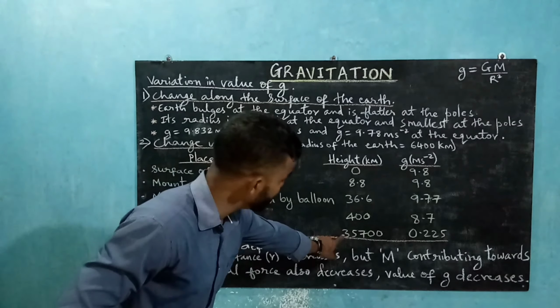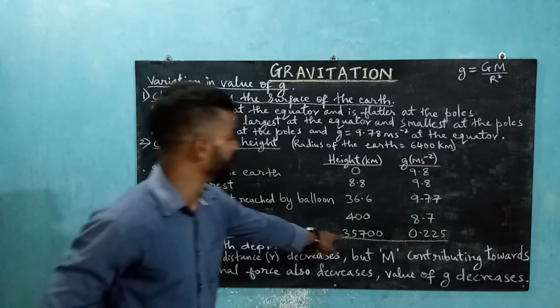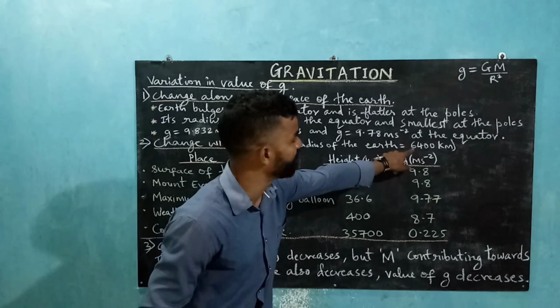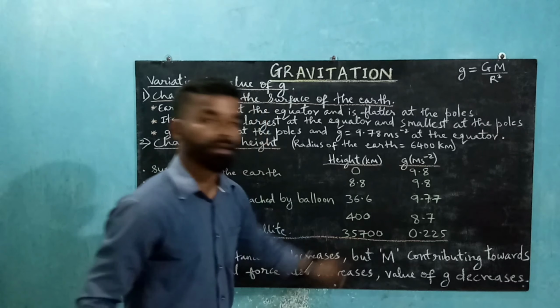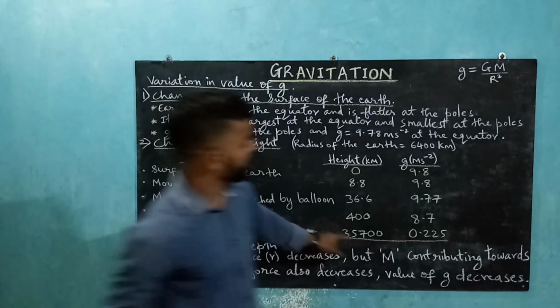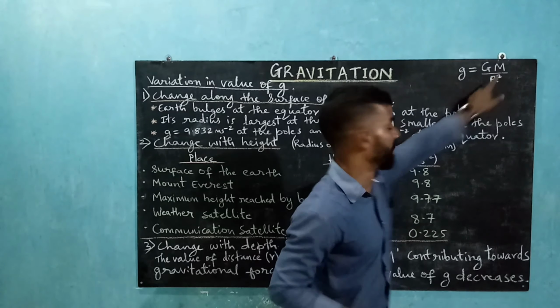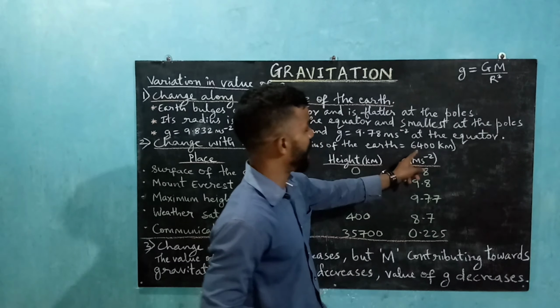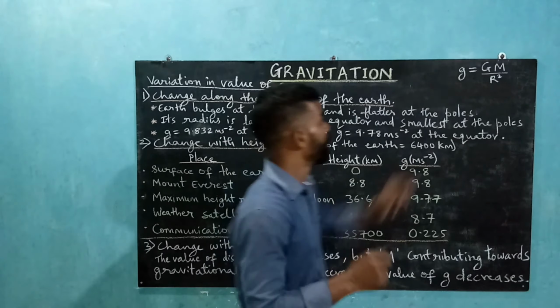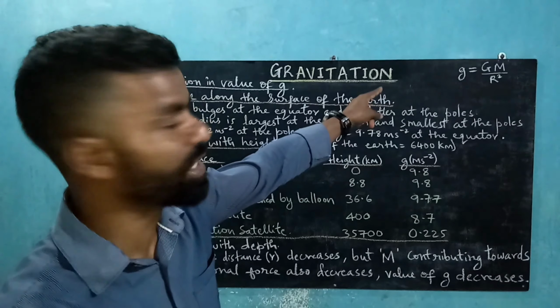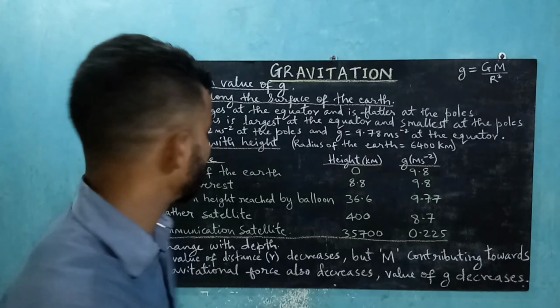So this is the height for a communication satellite from the surface of the earth. This has to be added with 6,400 kilometer, and then that will be the denominator, r square. So it is like (r plus h) the whole square in the denominator. So that will give a smaller value for acceleration due to gravity.